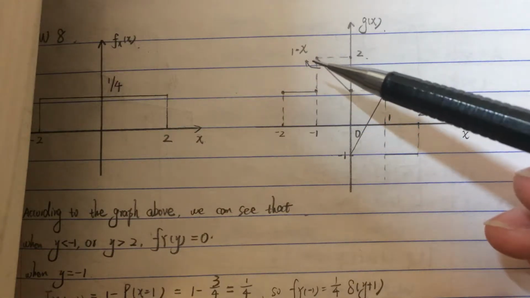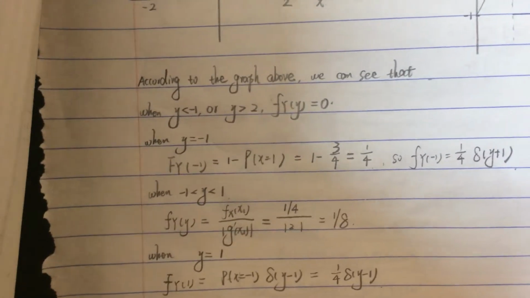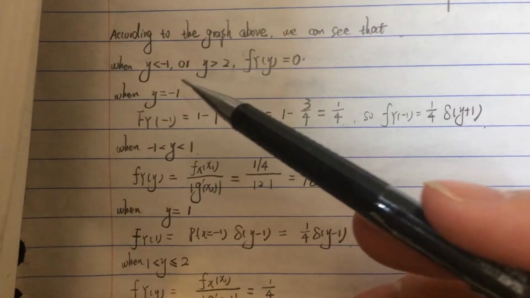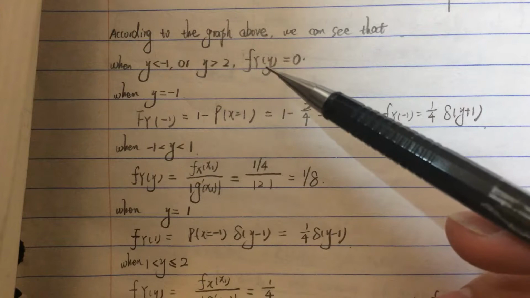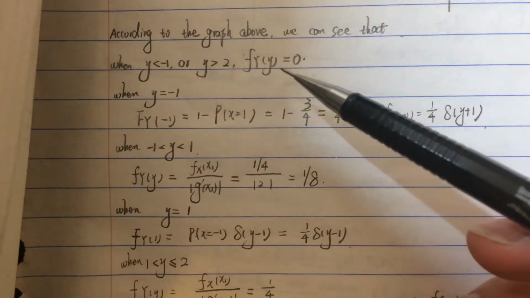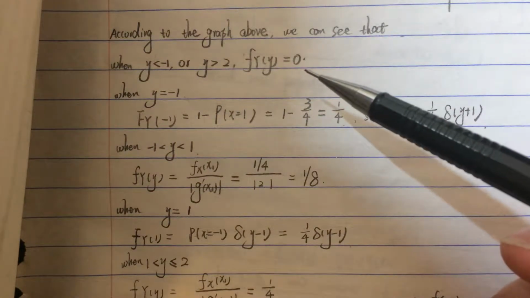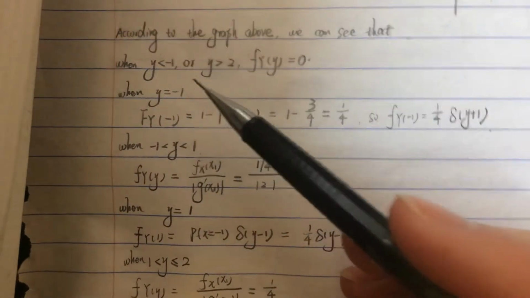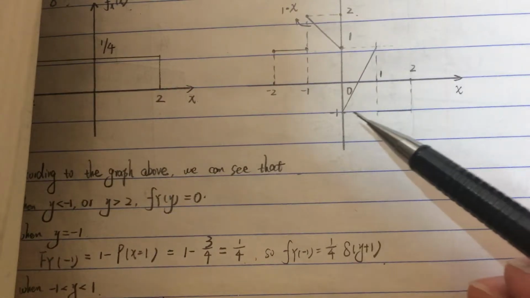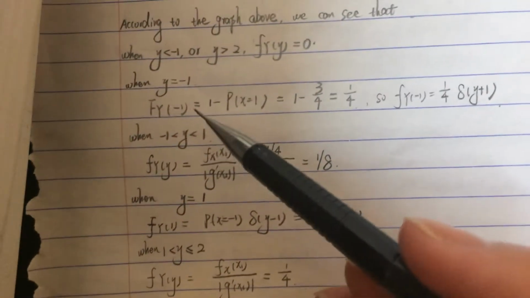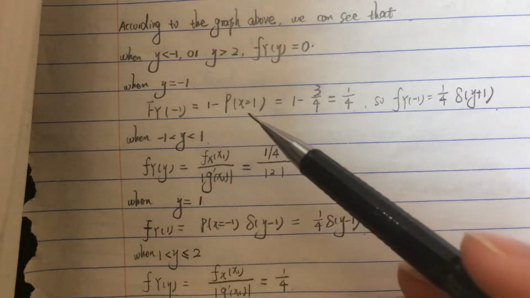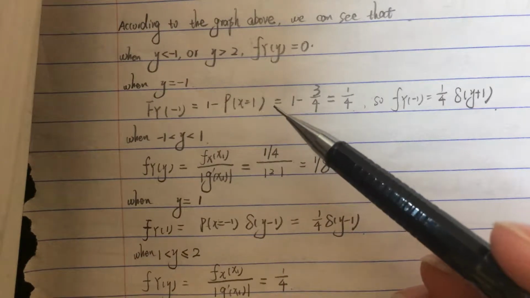The curve is 1 minus x, and from this graph we can see that when y is less than -1 or y is larger than 2, f_Y(y) will equal 0. When y equals -1, f_Y(-1) will equal 1 minus P(X equals 1).